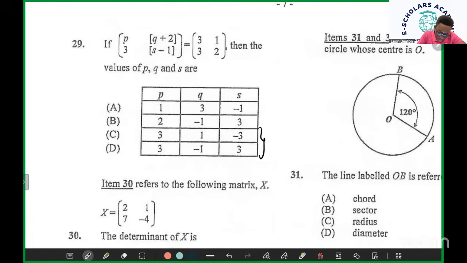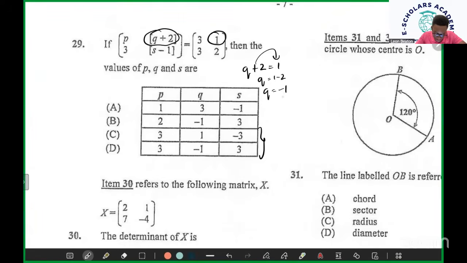So let's solve for Q. Q plus 2 is equal to 1, because they're equal matrices and the corresponding elements are equal. So Q would be equal to, carry over this 2, it will minus. So 1 minus 2 would give me Q is equal to a negative 1.